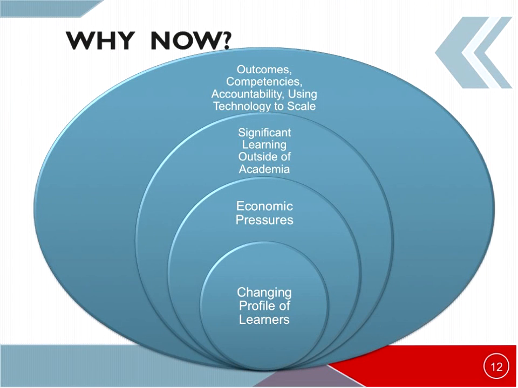So why now? Why are we talking about competencies now and about learning outcomes? I think the principal drivers are on this graph, and that is the unusually large and growing number of learning opportunities that are available for free on the internet, combined with the economic pressures of cutting higher education budgets, and then you combine that with the changing profile of learners.